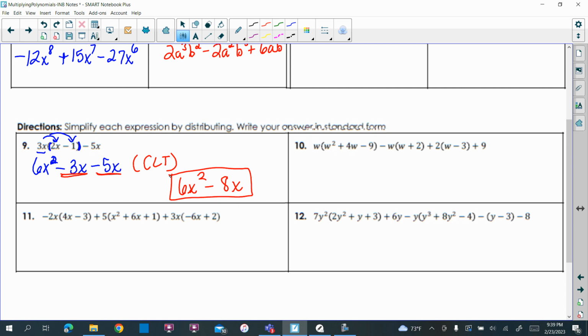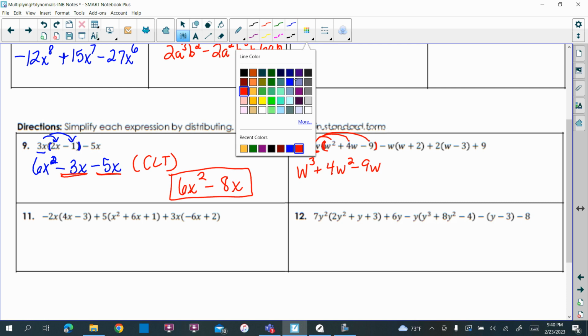So if you have more than one set of parentheses, like on number 10, we have the first parentheses here. We have the binomial w that we're going to distribute to each one. So we're going to do each grouping at a time. So our first one will turn into w cubed, then plus 4w squared, then minus 9w.